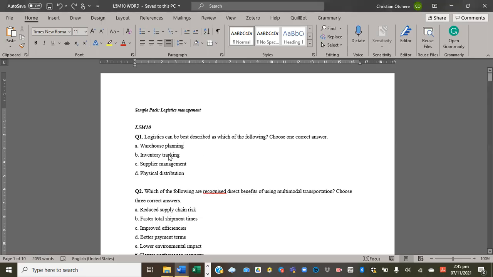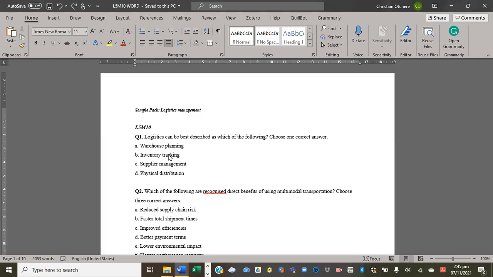Inventory tracking is part, okay, but it's an element. When we talk about logistics, the most appropriate phrase that describes logistics is D, physical distribution. In the level 4 context, we looked at the difference between logistics and supply chain management, and we gave a formula that logistics is equal to materials management plus physical distribution.